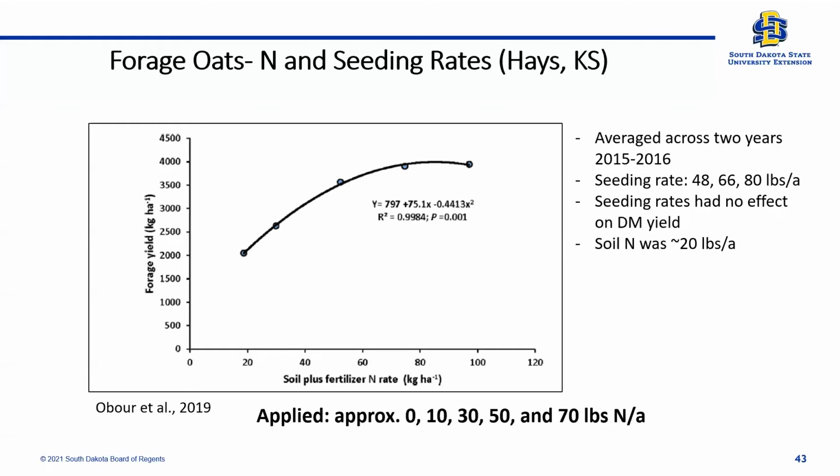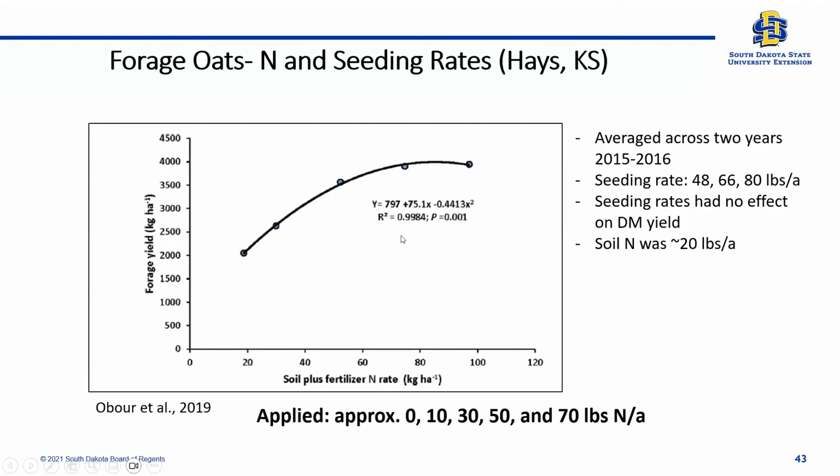The soil test N was about 20 pounds, and they added approximately 10. Of course, there was 0 also, and 10, 30, 50, and 70 pounds. And after about here, you don't see much difference. So about 60 or 70 pounds, you add 20, well, about 90 pounds, I should say.